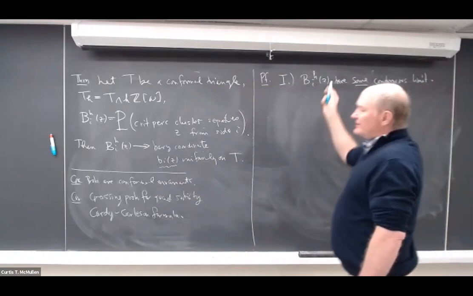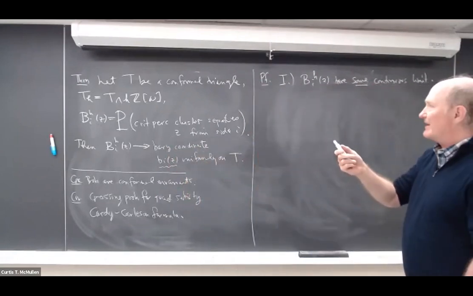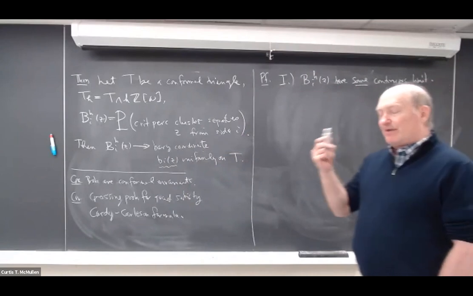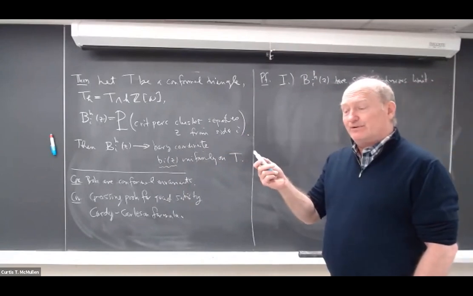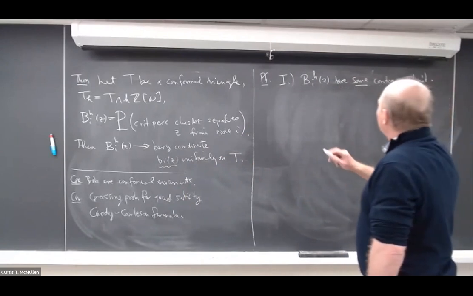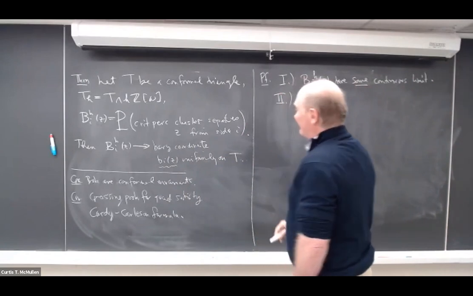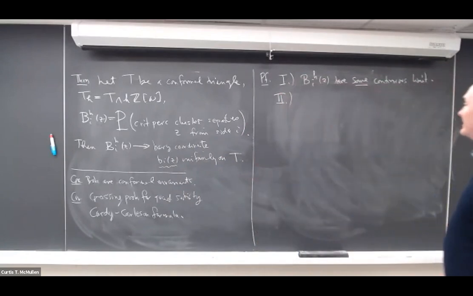That means we need to show that when Z moves a little bit, these probabilities don't change very much. And that was really the key point in the proof for harmonic functions, getting this modulus of continuity by a tricky random walk argument. Here we don't have any random walks to help us.